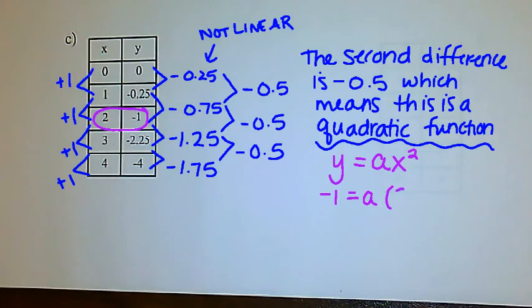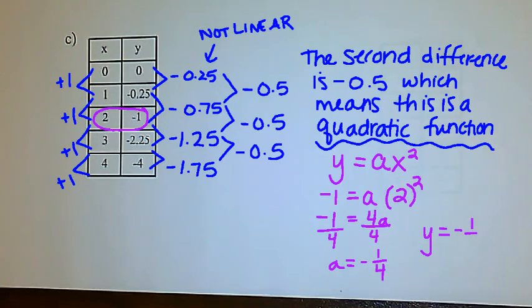Okay, and then x is 2. Okay, so I get negative 1 is equal to 4a, divided by 4, divided by 4. So a equals negative 1/4. So my solution is y equals negative 1/4 x squared. Oh, that's my final answer.